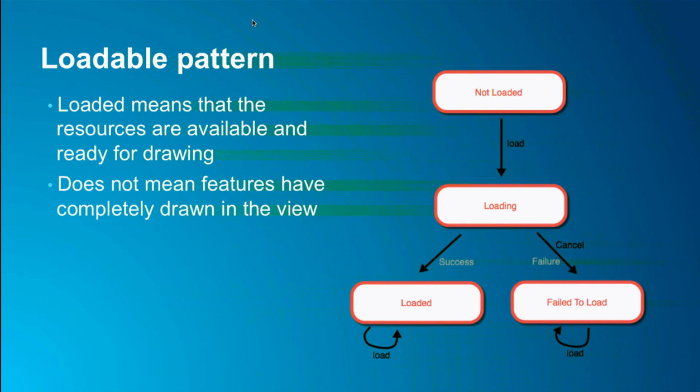When it resolves and returns the loaded state, it doesn't mean that all the buildings have finished drawing in the view. That's a common question we have. What it does mean is that the data, or the resources, are immediately accessible to you in your application. It doesn't really have much to do with what's going on in the view, and I'll demonstrate what that means.